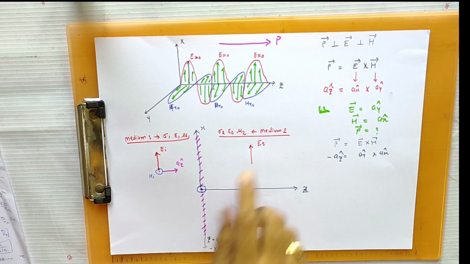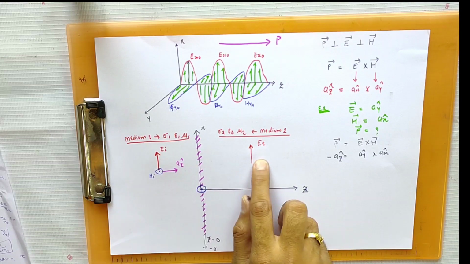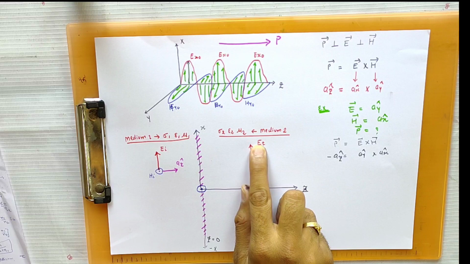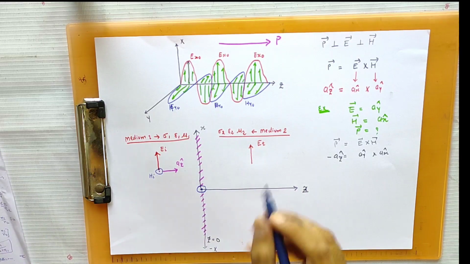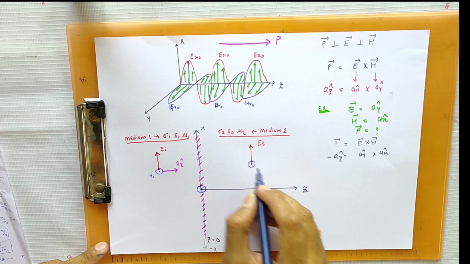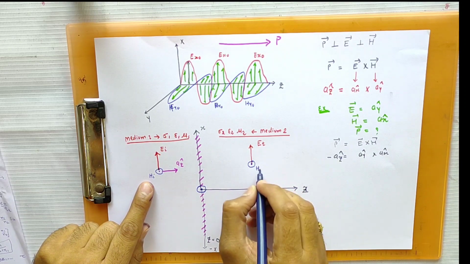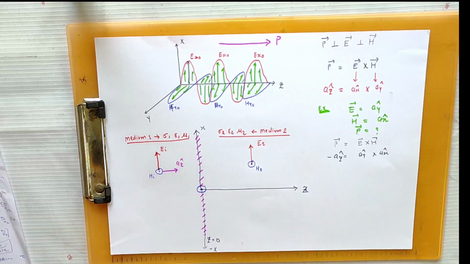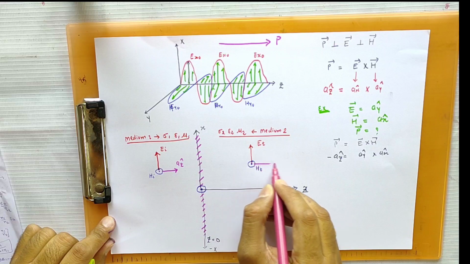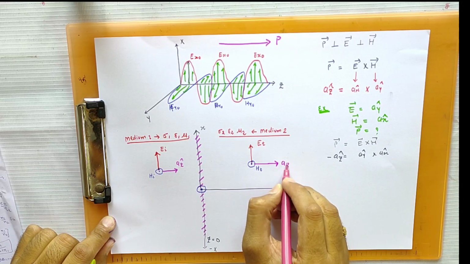We assume the transmitted wave is in the same direction as the incident wave, in the x direction. What about the transmitted magnetic wave? It is also in the y direction, so this is H_t. The propagation direction is the same, the Z direction.